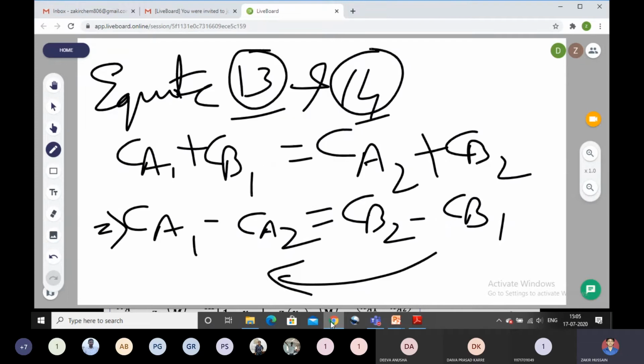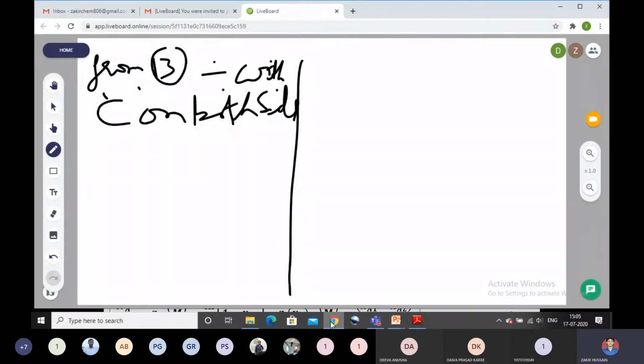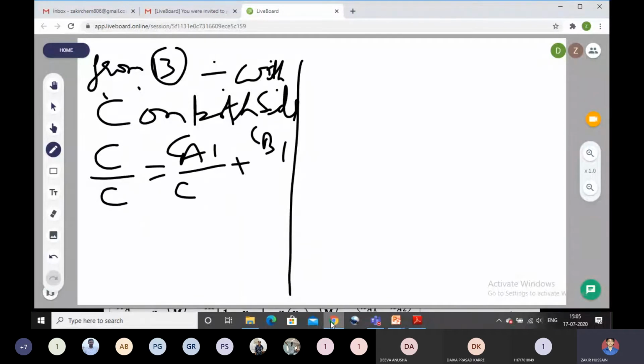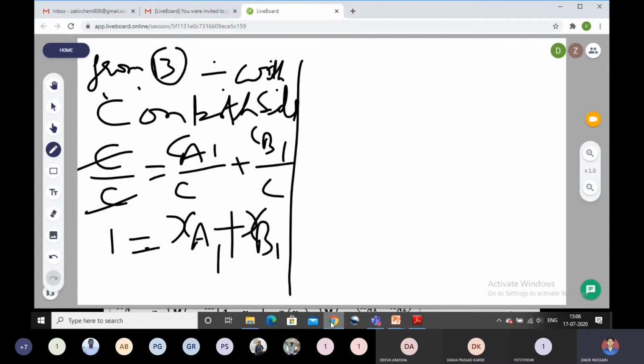Since equation 13 is C is equal to Ca1 plus Cb1, we have to divide with capital C. C by C is equal to Ca1 by C plus Cb1 by C. We can cancel out C by C, it is equal to 1. Ca1, individual concentration by total concentration, is nothing but the mole fraction XA1 plus XB1.